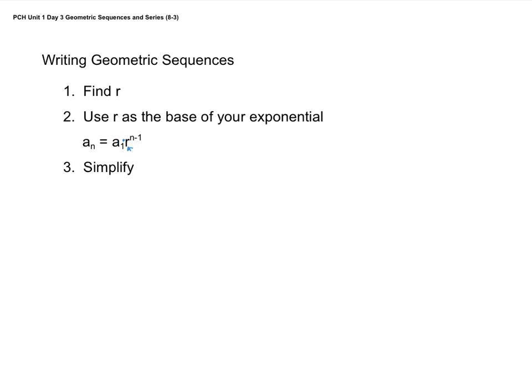Now, this is one step that students often forget to do, but it is important to make your answer make sense to someone who's just looking at it for the first time. So, for example, on the previous example that we had, 3, 12, 48, 192, and so on, we already saw that r is 4.